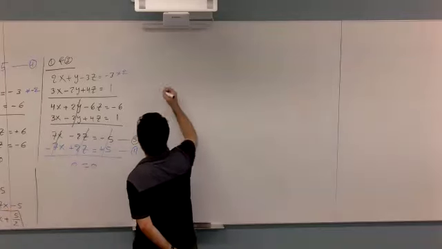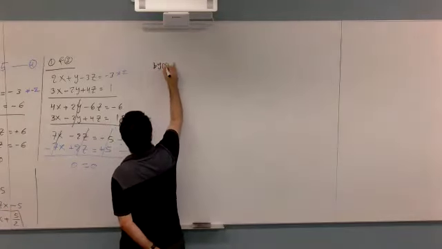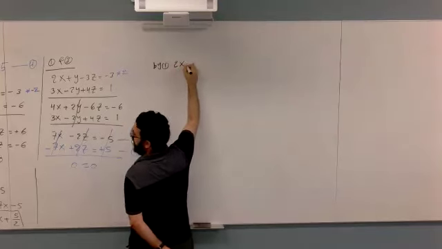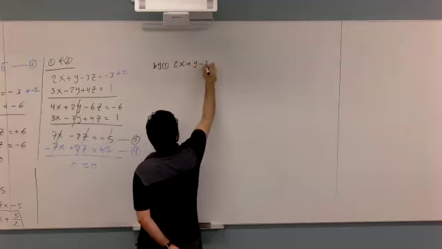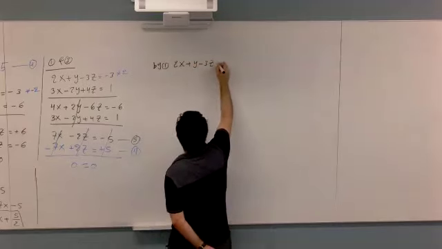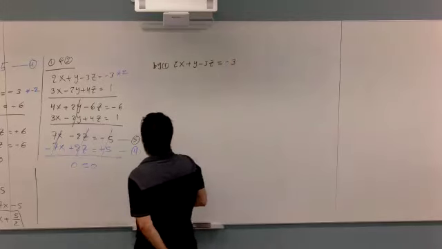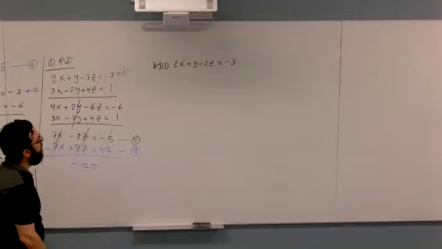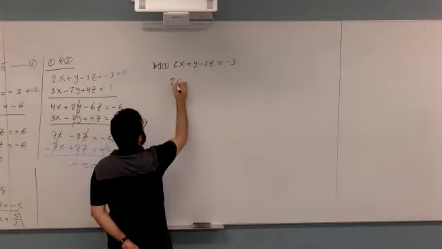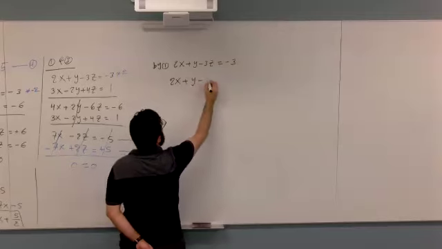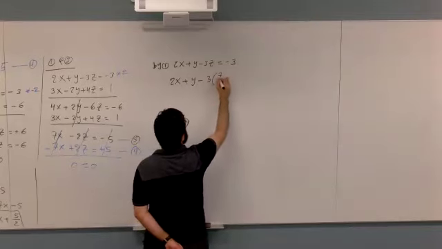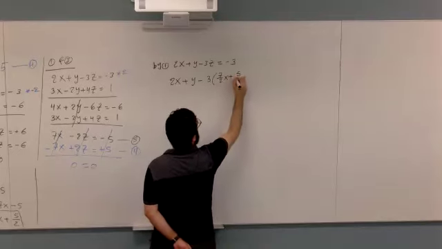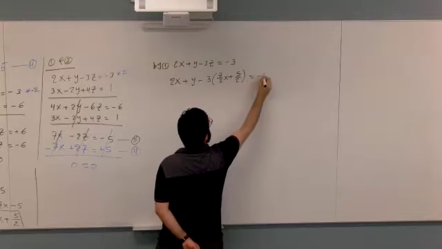So I'm gonna plug into equation 1, which is 2x plus y minus 3z equal -3. I'm going to plug in the value of z, which is 7 over 2x plus 5 over 2, so 2x plus y minus 3 times 7 over 2x plus 5 over 2 equal -3.